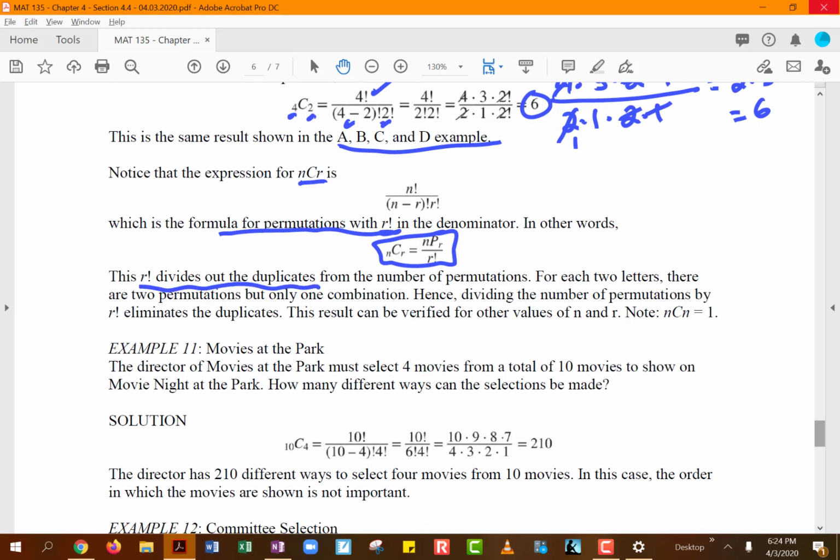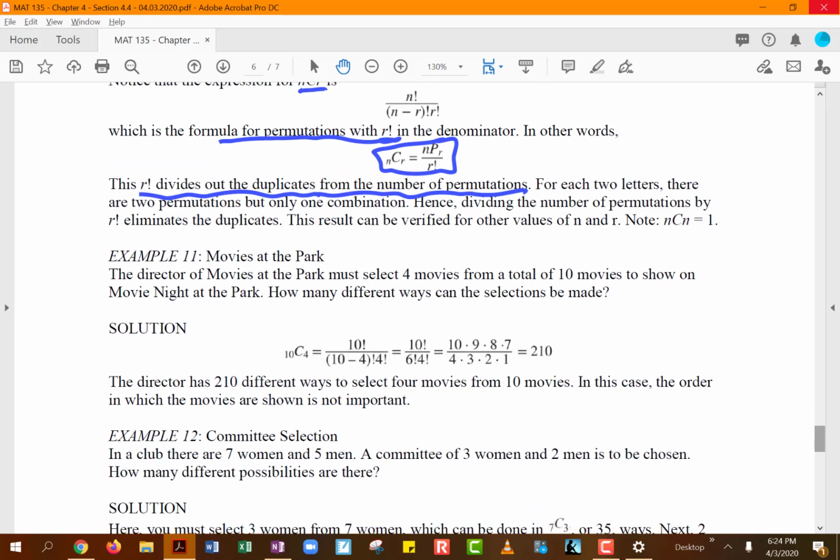Then you can read this little paragraph here to get a little bit more understanding. I've talked about this, but you can read through this, and then this little note here would be important when you are taking n combination with n, right? Because this would end up becoming n factorial divided by n minus n factorial, and then divided by n factorial.